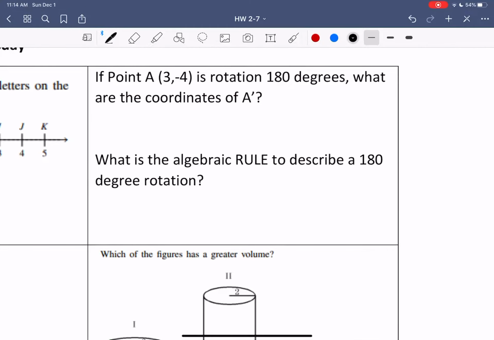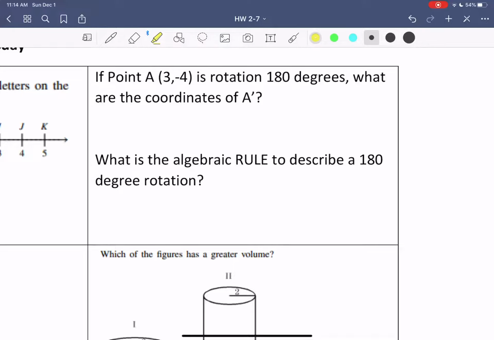If point A, 3, 4 is rotated 180 degrees, what are the coordinates of A prime? What is the algebraic rule to describe a 180 degree rotation? All right, so on this one, there's some things you could do.